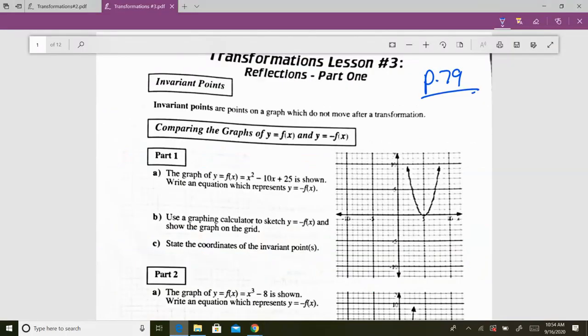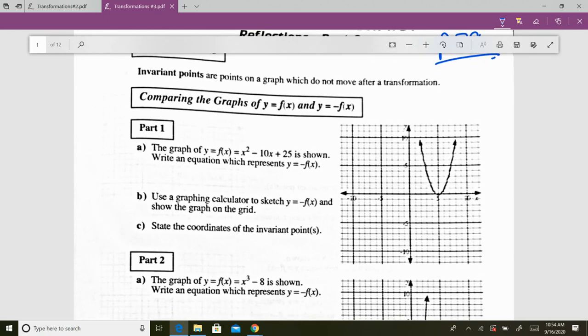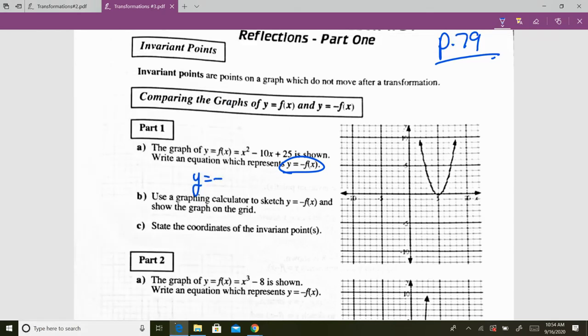Okay. Here's our graph. X squared minus 10x plus 25. Parabola that opens up. If I change it to y is equal to negative f of x, so in other words, I do this, what is going to happen to the graph?